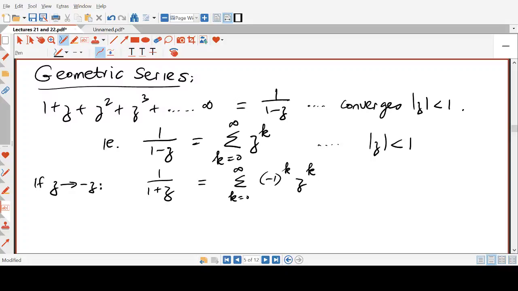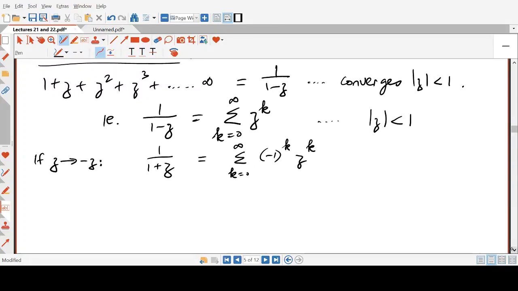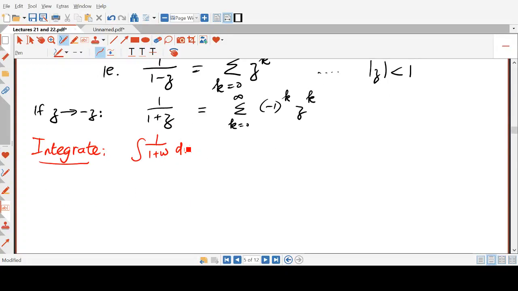Something else I can get here is I can integrate this last result. The integral of 1 over 1 plus w dw, suppose I want to go from 0 to z. Do I know the integral? What is the integral of 1 over 1 plus w? Anyway, I am integrating both sides, so let me integrate this side here.